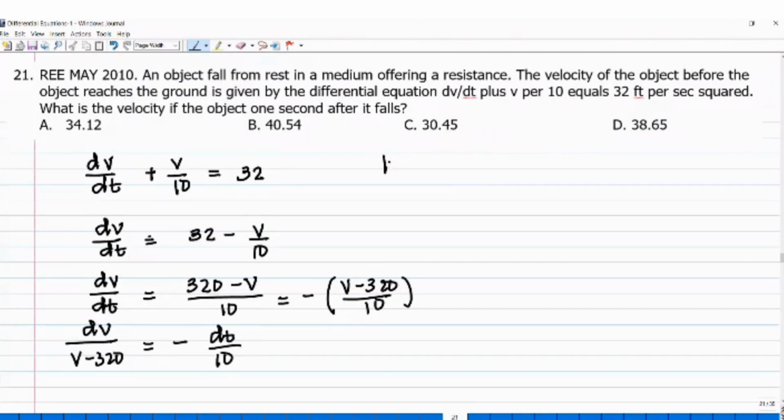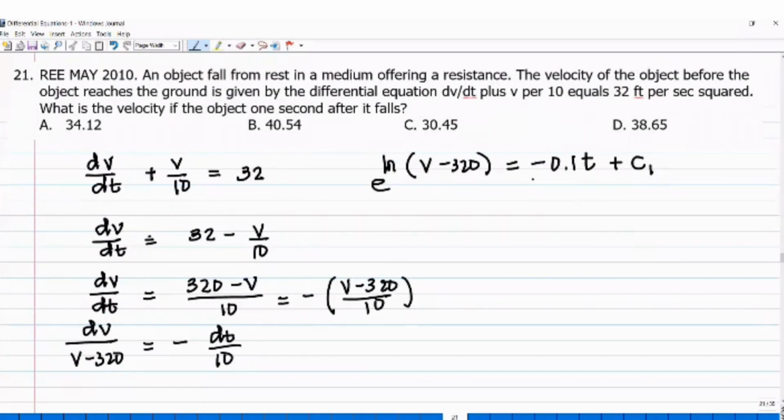So that will be ln of v minus 320 is equal to negative 0.1 t plus C1.